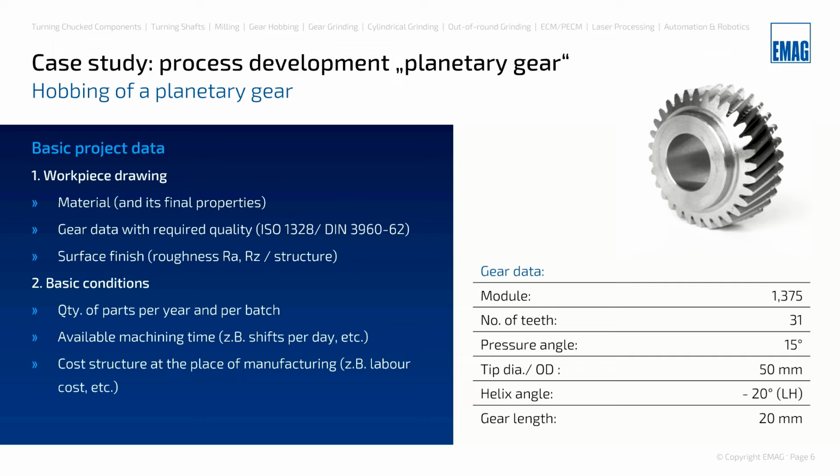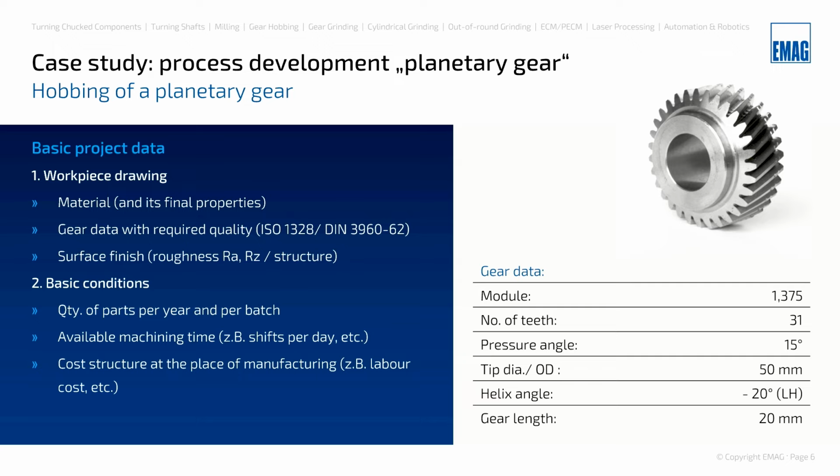Then we will find the gear data with the required gear accuracy according to maybe ISO 1328 or the DIN standard 3960 or 62 or any other standard. Then we find indications of the surface finish, roughness values, Ra, Rz, or the superficial structure of the gear flanks.